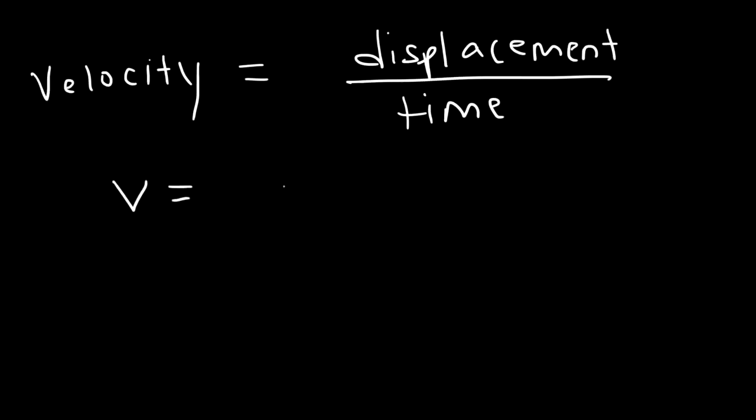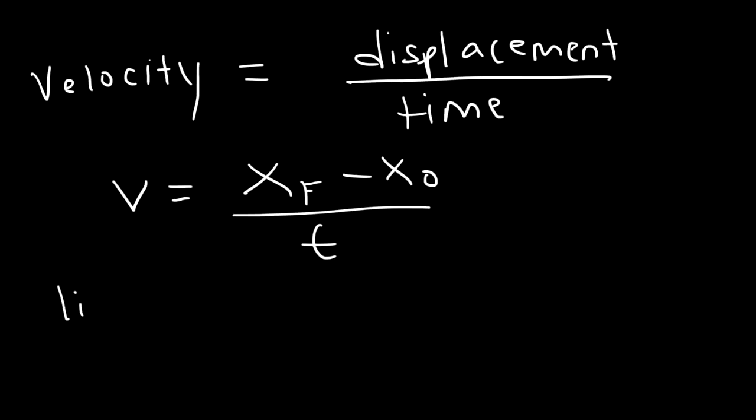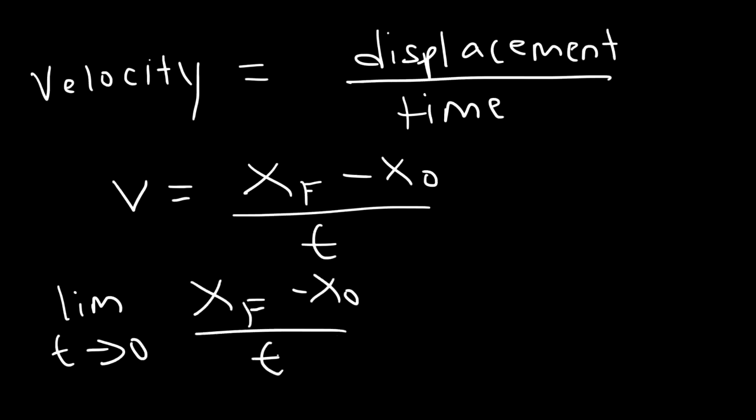So v is equal to the displacement, the final position minus the initial position, divided by the elapsed time. Now, as t approaches 0, this expression becomes the instantaneous velocity.